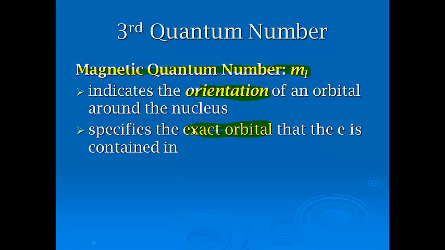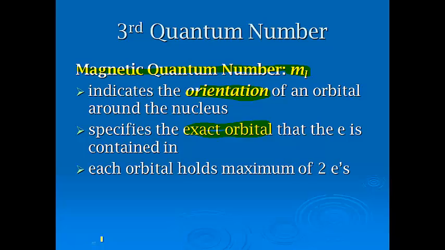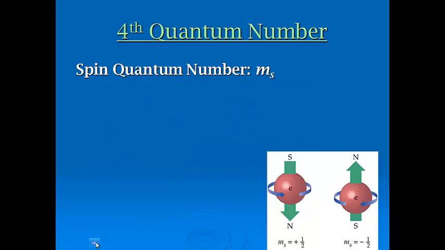That's why we made the analogy to the house for the magnetic quantum number. It tells us which of those 3D regions the electron can exist in, just like the number on your house address tells you which of those 3D places your family lives in. Now this is important. Each orbital is going to hold a maximum of 2 electrons, and this is going to come into play a little bit later, but that's a pretty big factor there.